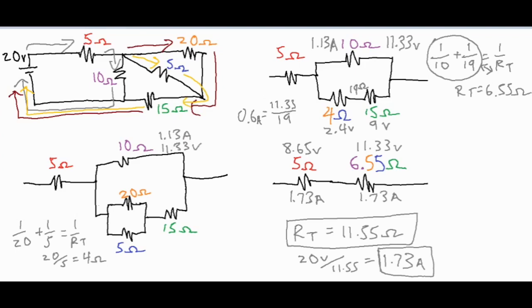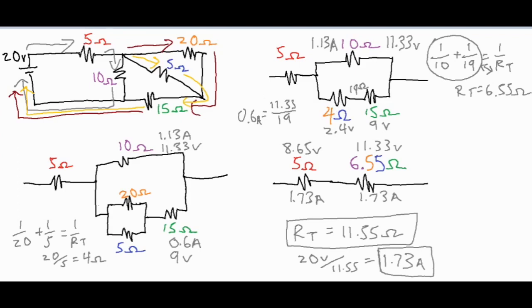So now when we're going to these parts over here, we have everything covered for our 15 because we did that one earlier. So this one experiences 0.6 amps of current and a voltage drop of 9 volts. So this 4 ohm resistor, remember, is a combination of the orange and blue as shown by the colors there, had a 2.4 voltage drop.